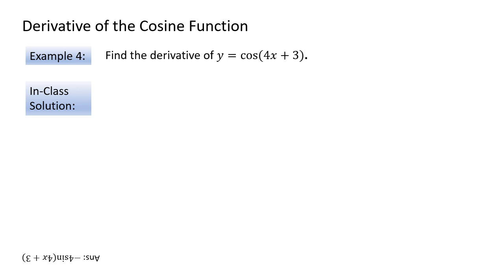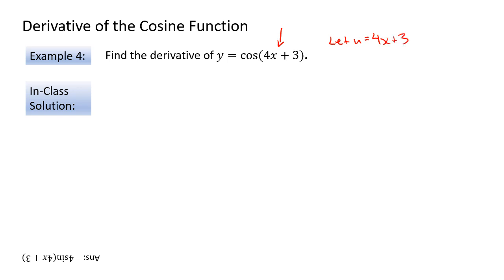So let's look at our first example using that formula. Find the derivative of y equals cosine of 4x plus 3. Again, what's in the brackets here is not simply x. Okay, it's 4x plus 3. So we know we'll have to use the chain rule to solve this. So I'm going to let u equal 4x plus 3.